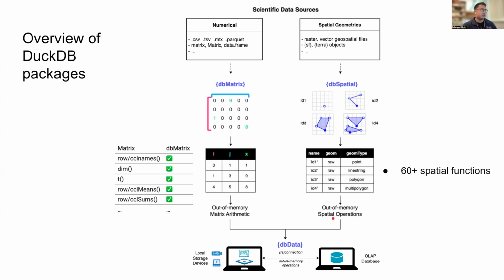And these two core libraries are connected to a database on our local computer that is organized at the lower level by DB Data, with convenience functions and also caching the connection that a user might make to this database.